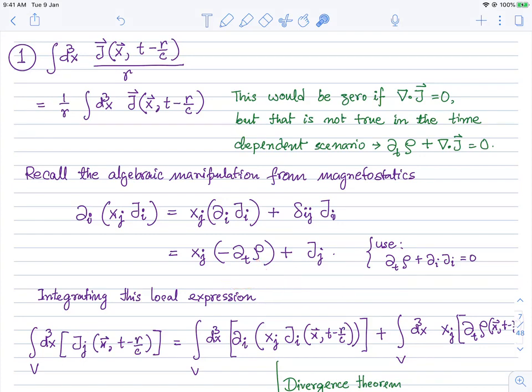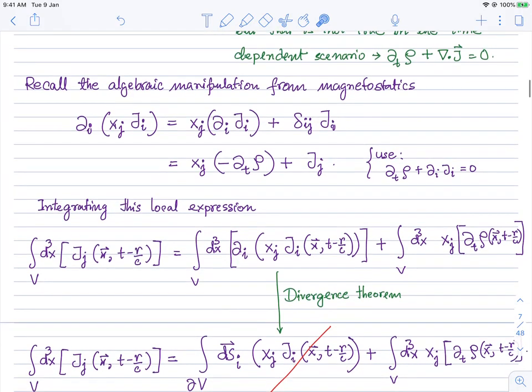So now we take this and plug it in. From here we know what J is, and there are two terms: one is a total derivative term and the other is this term.